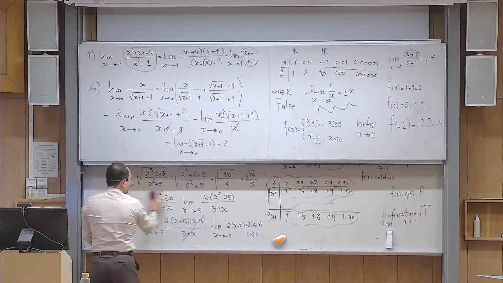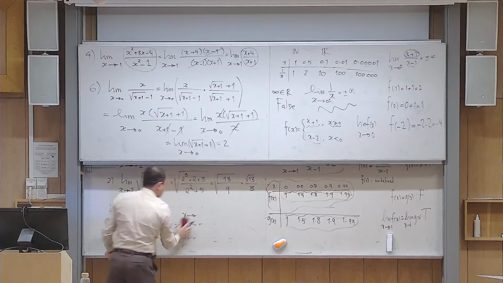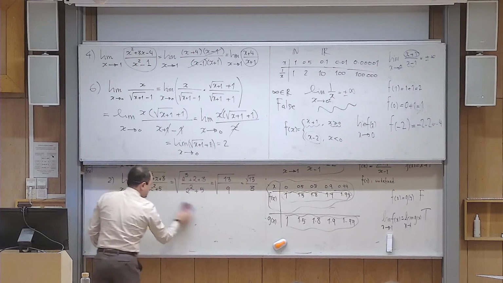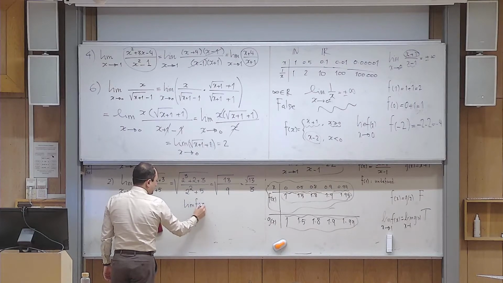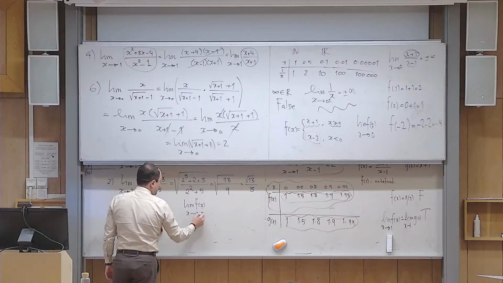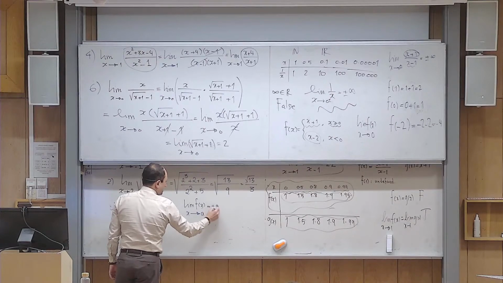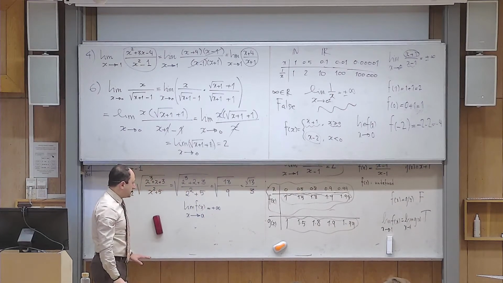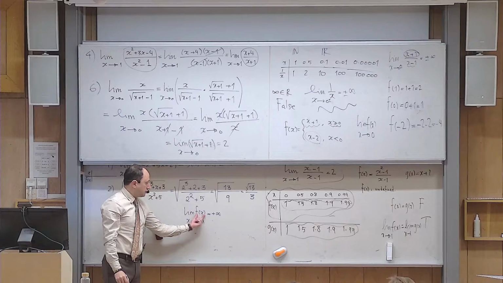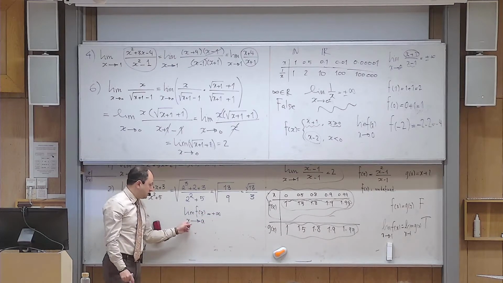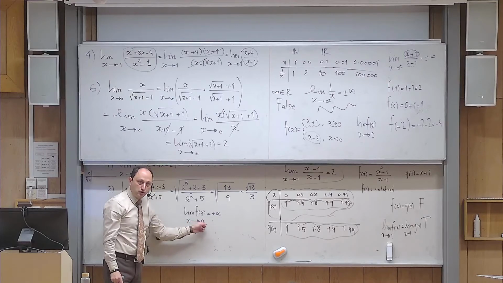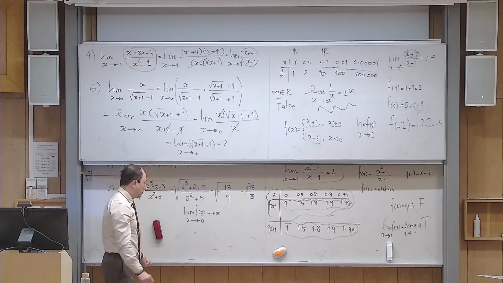If I want to say it in words: when you say the limit of a function f of x, as x approaches a, is plus infinity, it means that the values of f of x can be made larger than any positive number that you can imagine, provided that you are sufficiently close to a. That's the meaning.